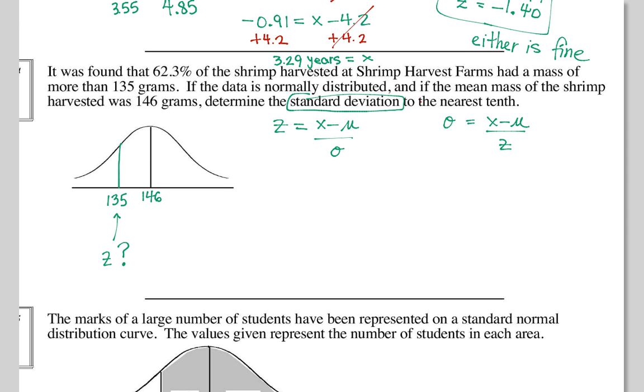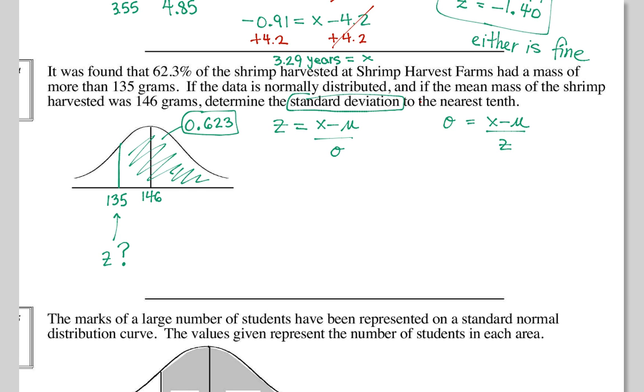More than 135. So then we shade to the right. So this shading has an area of 0.623. Do you agree with that? Because you slide the decimal 2 places.